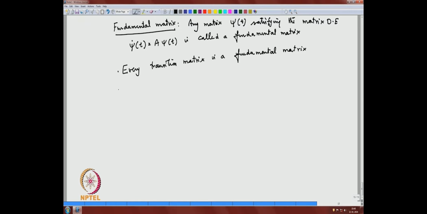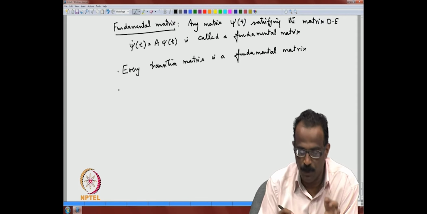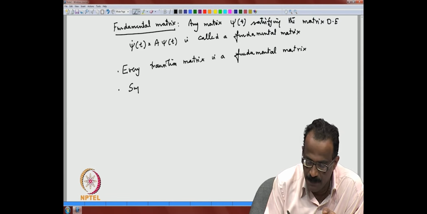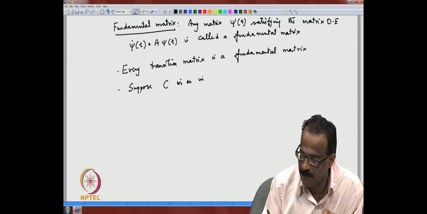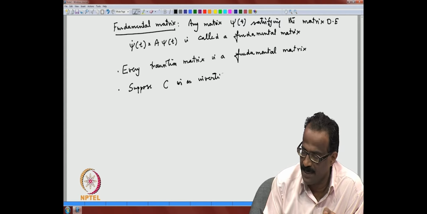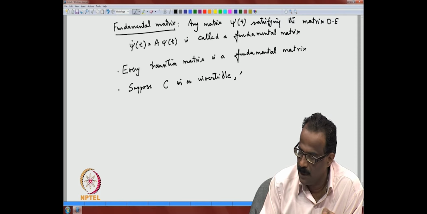But there is also another interesting thing which you can easily prove. Suppose C is a constant matrix, an invertible constant matrix.